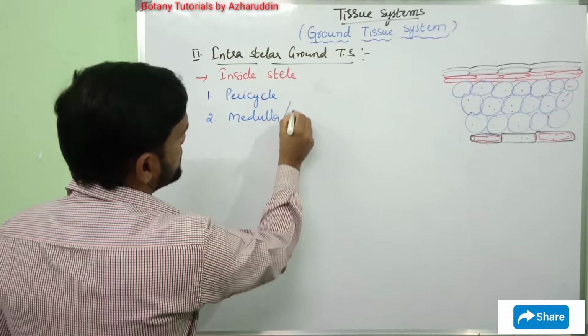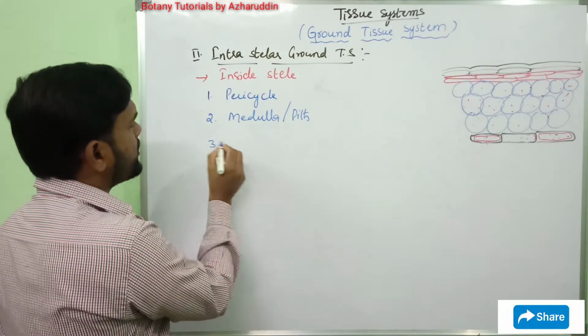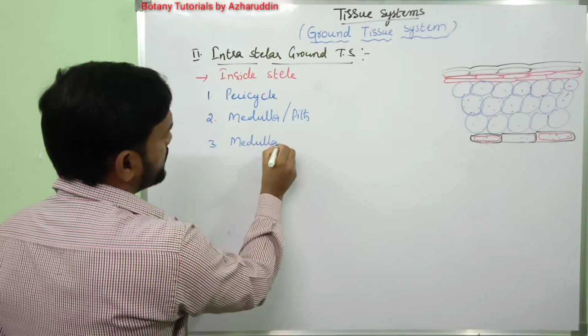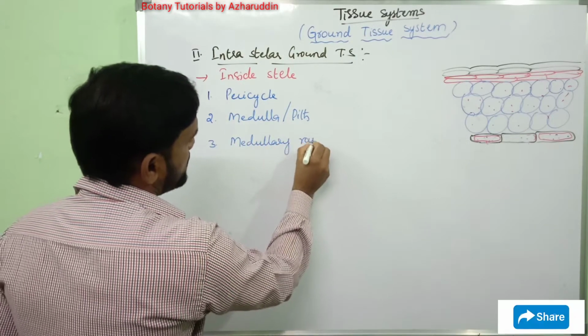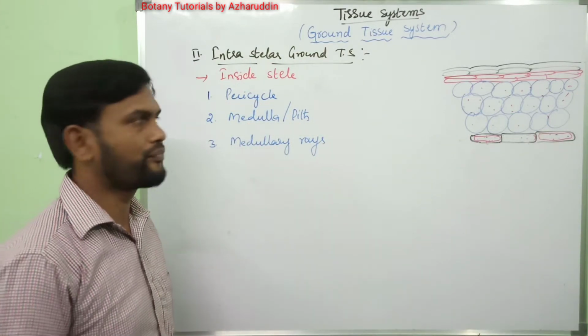Otherwise, this medulla is also called pith, and the third part is the medullary rays. These are present in the intrastellar ground tissue system.